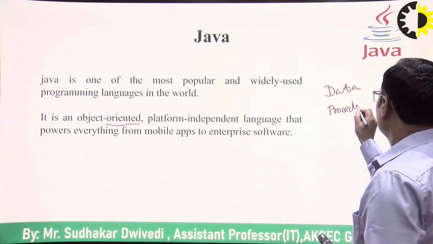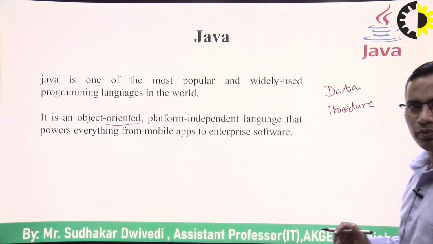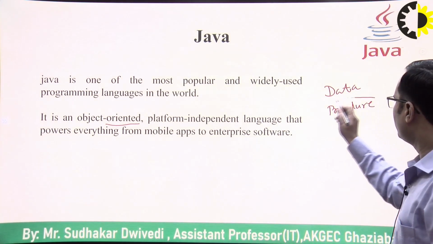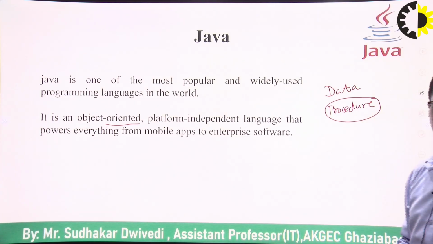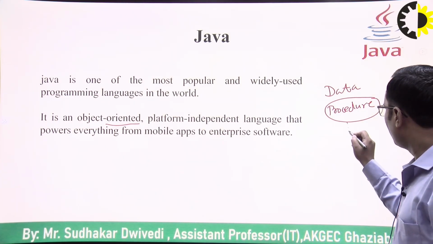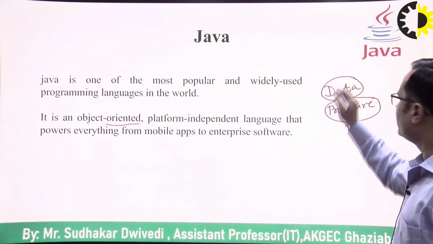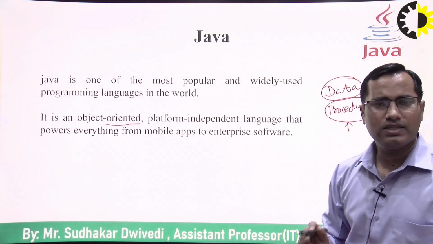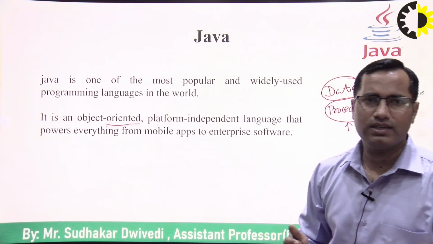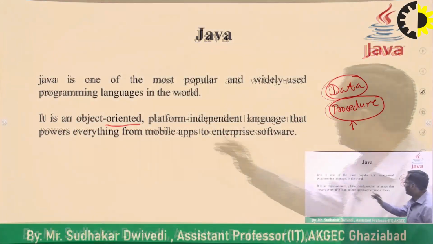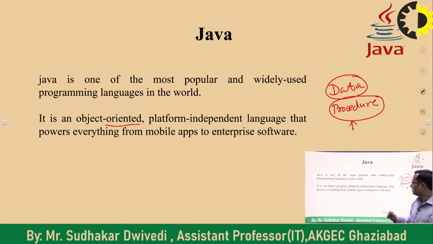In a procedure-oriented programming language, we generally focus on the procedures, not on the data. That means in the procedure-oriented programming language, data is freely allowed to move. Data is not secure. But in the object-oriented programming language, we deal with programming concepts in the sense of objects.